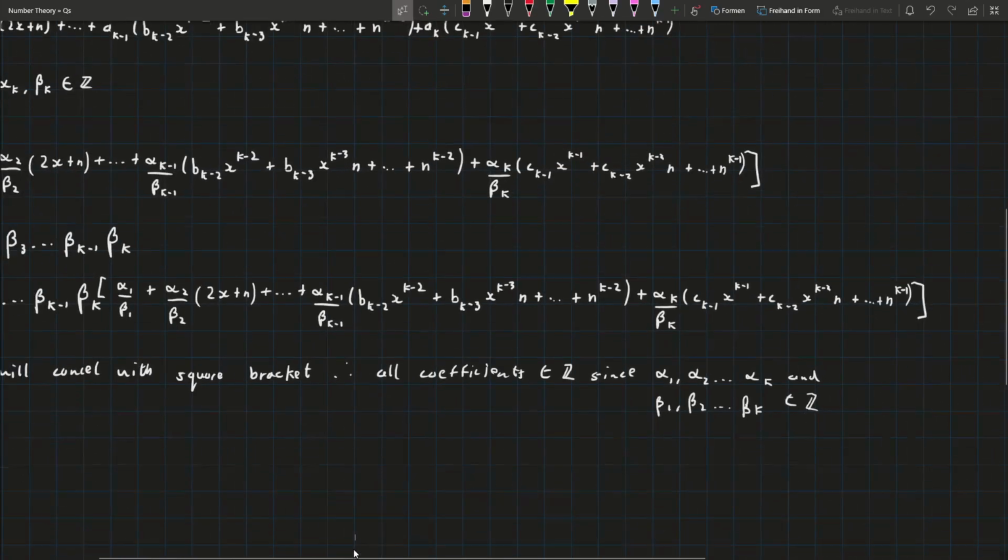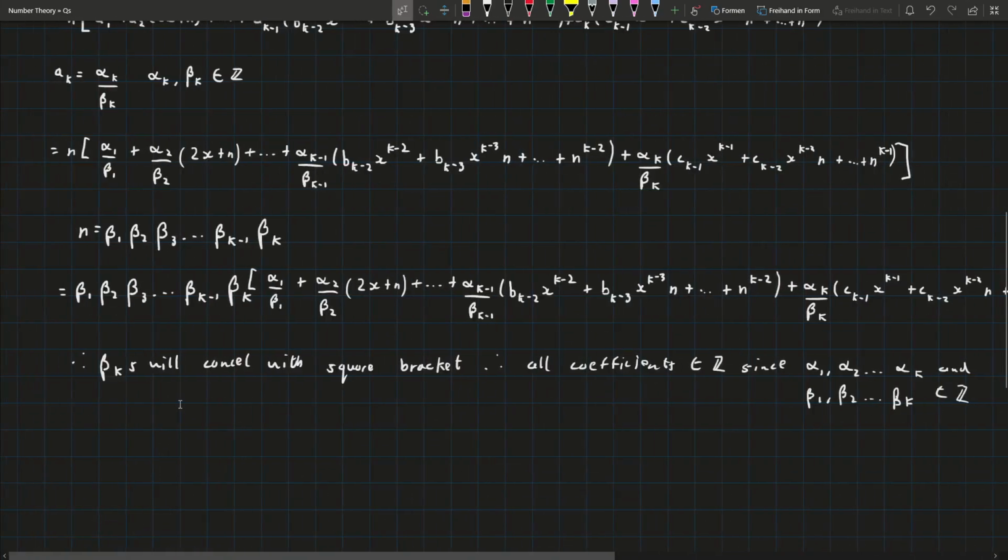And I think that'll be formal enough for a final conclusion. So basically, these fractions will be gone, and these are all just integers anyway. n is an integer as well, and therefore we have a solution.